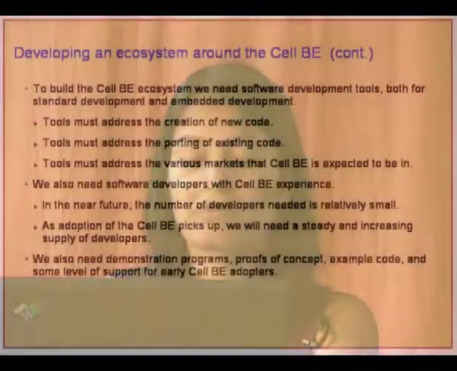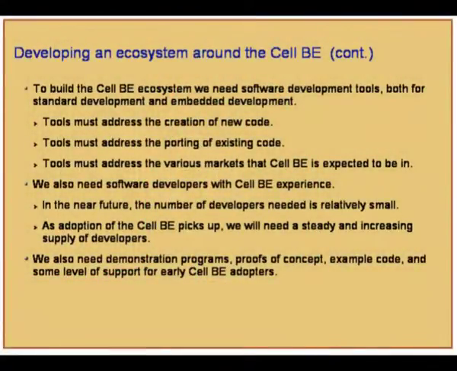Again, tools must address the creation of new code. In any tools that we need, they have to address the porting of existing code, portability tools, and demos, proof of concept, proof of technology. That's another thing that we do for different workloads. In other words, if I want to see if Black-Scholes algorithms, or let's pick a Euler integration formula, for example, is a good fit for cell or not, in order to determine that, we do something called a proof of concept.